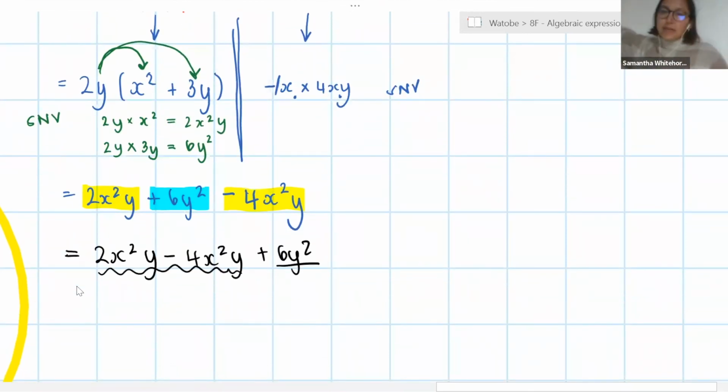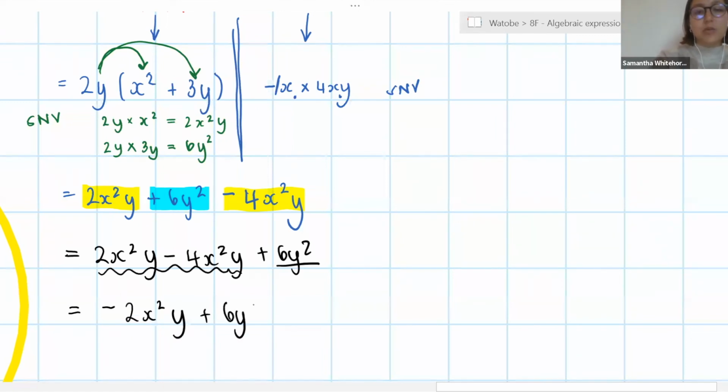Now, remember I said that the exponents won't change when you add or subtract. So 2x squared y minus 4x squared y is minus 2x squared y. And then we've just got the plus 6y squared because it doesn't have any like terms. I can't add it to anything else. Whoopsie, sorry. And so that is my final answer.